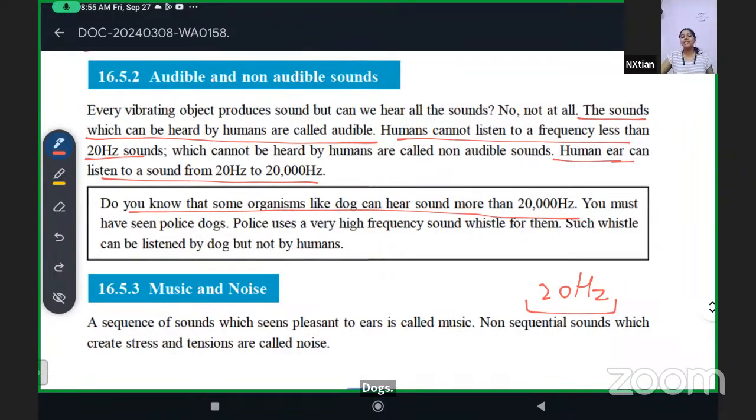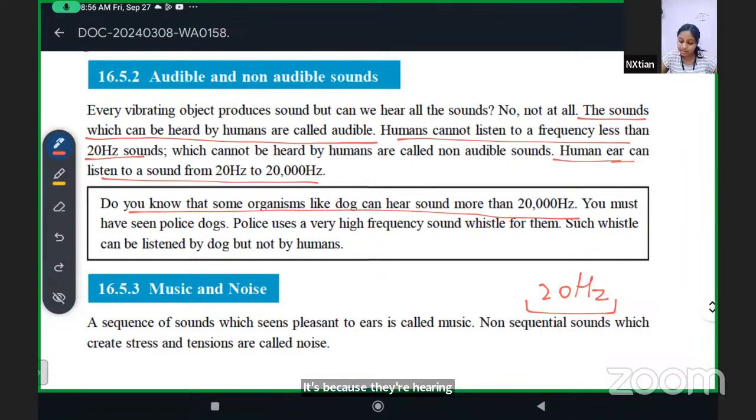Have you ever heard people saying that dogs' ears are very sharp? Your elders mention that dogs can hear and smell very quickly. Why can dogs hear so well? It's because their hearing capacity is way more.